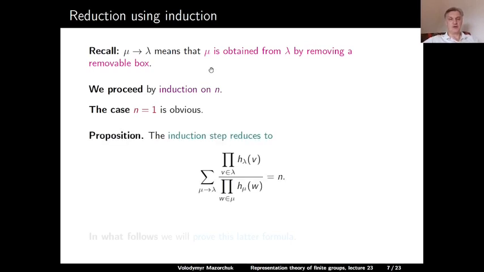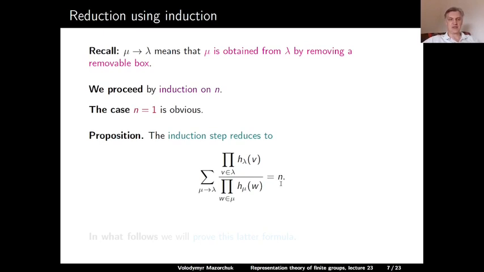So the main point is that the induction step is equivalent to the following formula: the sum over all mu such that mu arrow lambda, of the product over all v in lambda of the hook lengths in lambda of v, divided by the product over all w in mu of the hook lengths in mu of w, is supposed to be equal to n.